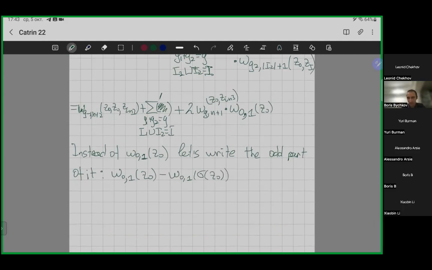You may think about simple Hurwitz numbers, with only one ramification point of x, only one zero of x.